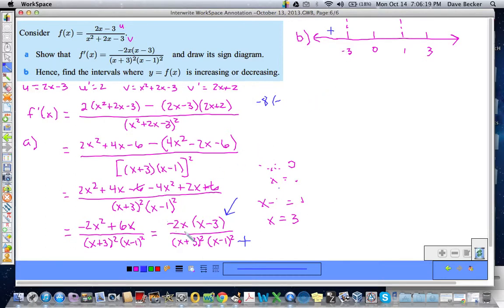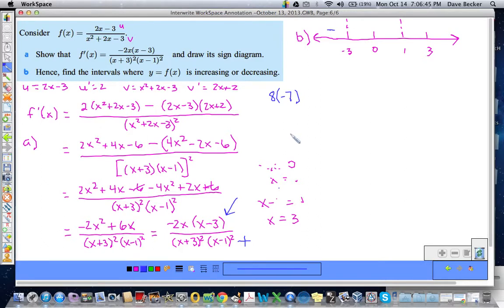And now I'll try -1. -2 times negative. Oh, wait a second. I messed that up, didn't I? You caught me. I chose -4. -2 times -4 is +8. Multiplied by -4 minus 3 times -7. That is going to be negative. Shame on me. I'm glad I caught that. You were probably screaming at the computer.